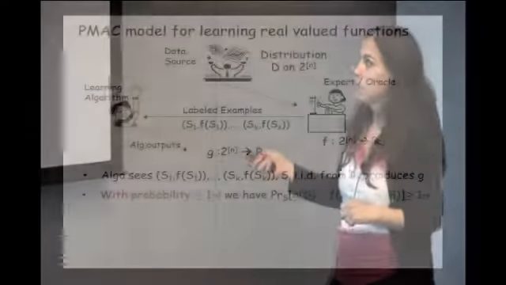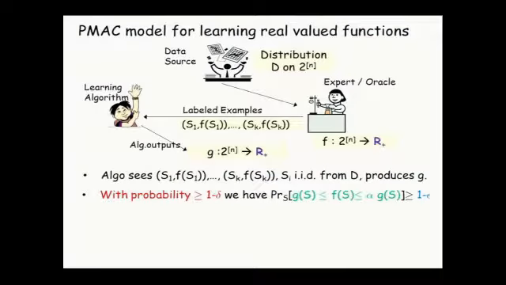More formally, in the training phase, the learning algorithm is given a set of polynomially many labeled examples. These examples are assumed to be drawn IID from some fixed but unknown distribution over subsets of the ground set. We also assume that these examples are labeled according to some fixed but unknown target function, which for now I'm assuming is submodular, non-negative, and monotone.